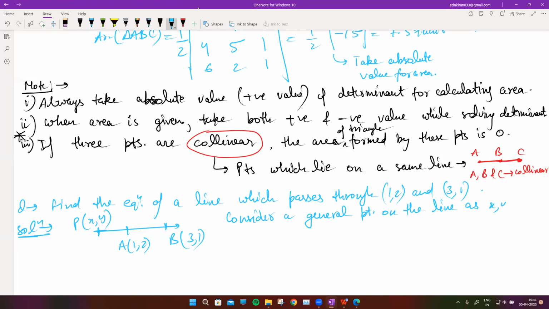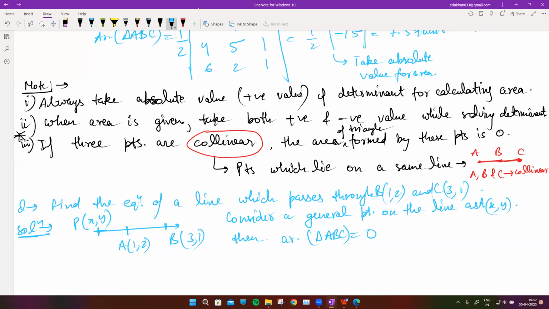Let's say the general point on the line is A (x, y), and these other points are, let's say, B and C. Then the area of triangle ABC has to be 0, because we are taking a point A which lies on this line.